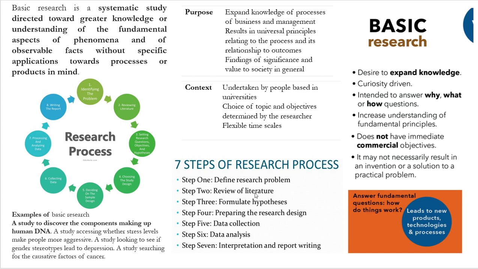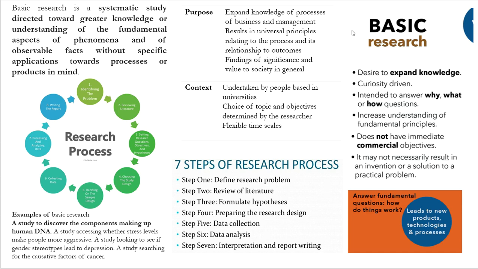That means a literature survey, then formulate the hypothesis and prepare a research design based on previous work, collect data, and analyze the data. That means processing and analysis of the data. Finally, interpretation and report writing. That means theoretically showing your work is unique compared to the previous one.